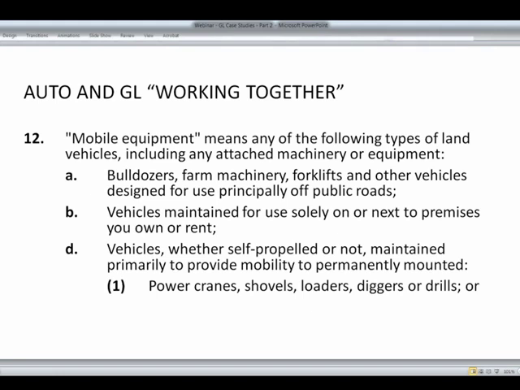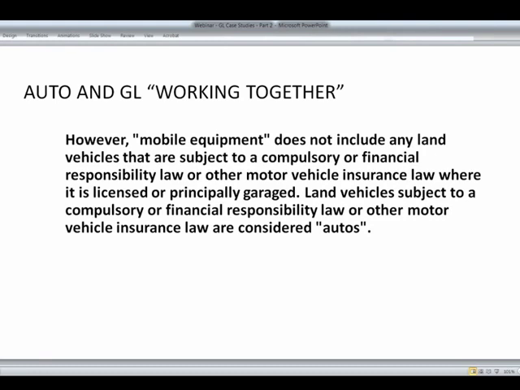The other thing that we'll talk about later in our discussion is when that equipment gets to the job site, or gets to the farm, gets to the drilling operation, and is now being used, is that GL or auto? We'll talk about that also. So we'll remind you again, the end of the wording of the mobile equipment definition adds the same wording.